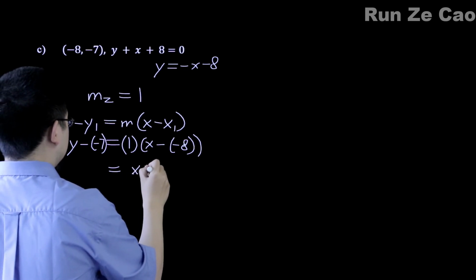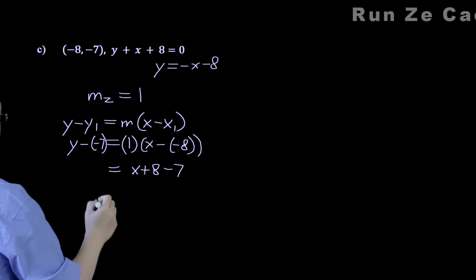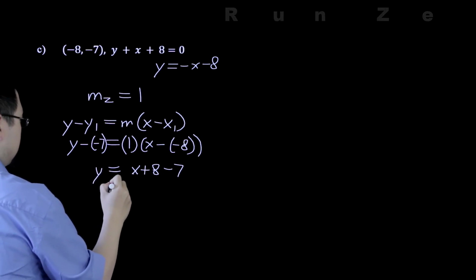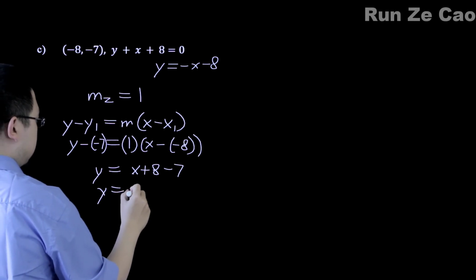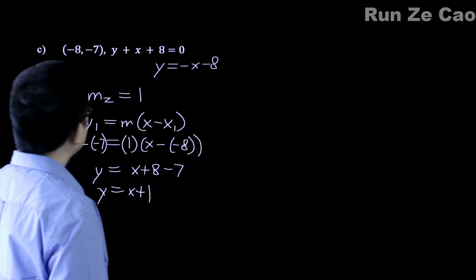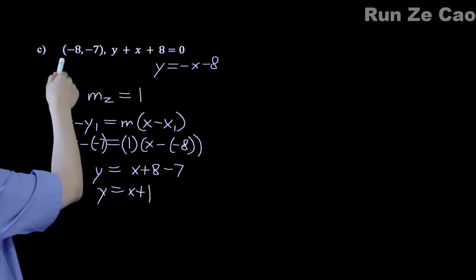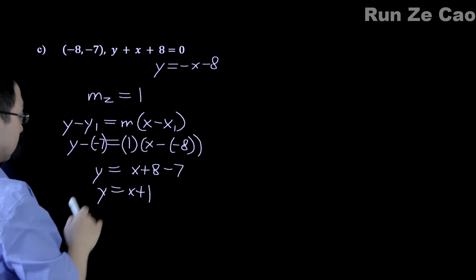So x plus 8 minus 7. And y equals then x plus 1. Does this make sense? Well, yes. And it's also perpendicular to this. Okay.